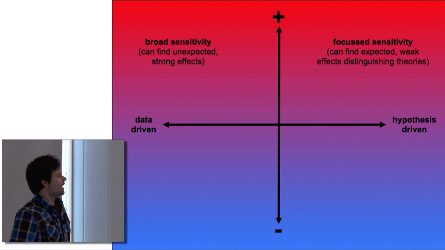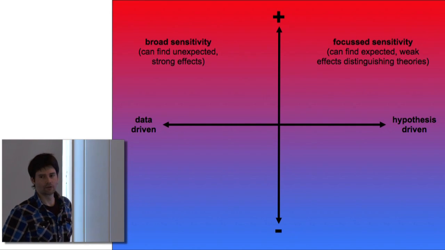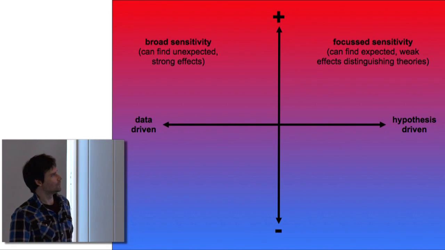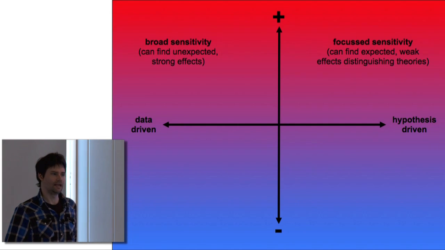The upside of hypothesis-driven approaches is that we have very focused sensitivity. So we can find more expected weak effects that might be important for distinguishing theories, right? Of course, if they were totally expected, if we were already certain what we'd find, then we wouldn't learn anything, right?